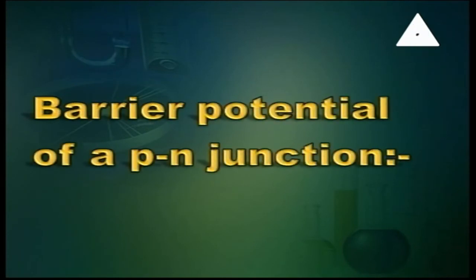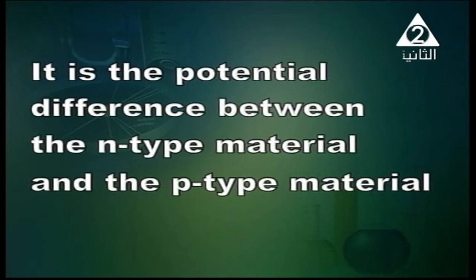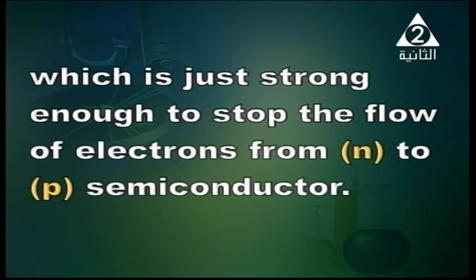And now we want to define the barrier potential of a PN junction. It is the potential difference between the N-type material and the P-type material, which is just strong enough to stop the flow of electrons from N-type to P-type semiconductor.